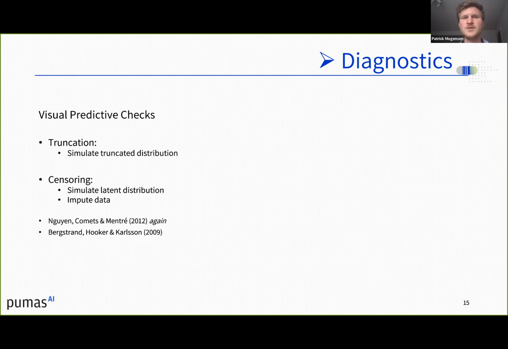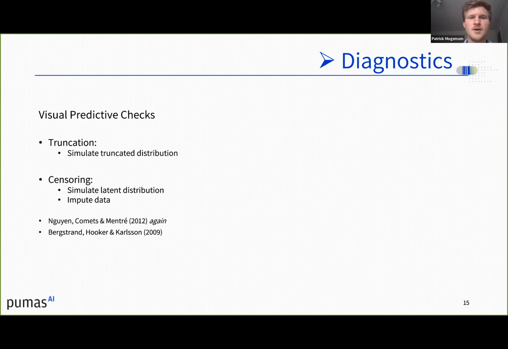There's also VPCs, or visual predictive checks. In the truncated situation here, it's very simple. You can just simulate directly from it. For all the measured concentrations that you have, for example, if it's concentrations, you can simulate a value. In this case, it's a bit more difficult for censoring, because if you compare the VPC just with the lower limit of quantification substituted for the measurement, you will get some very weird looking VPCs.